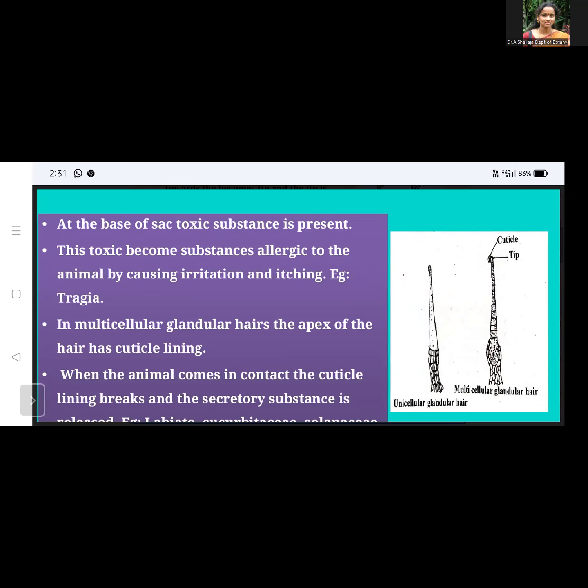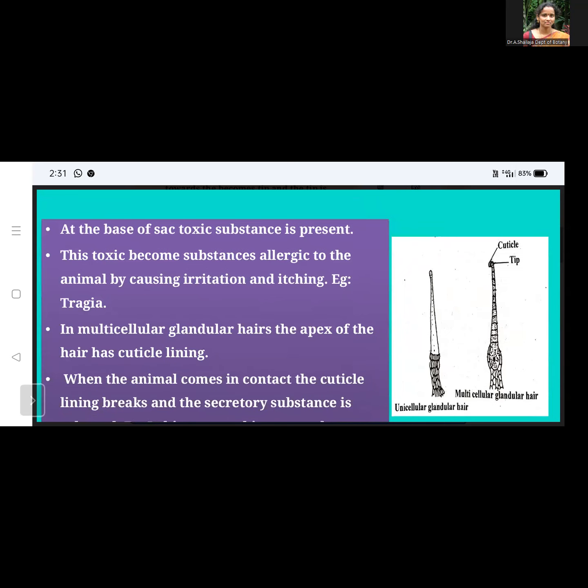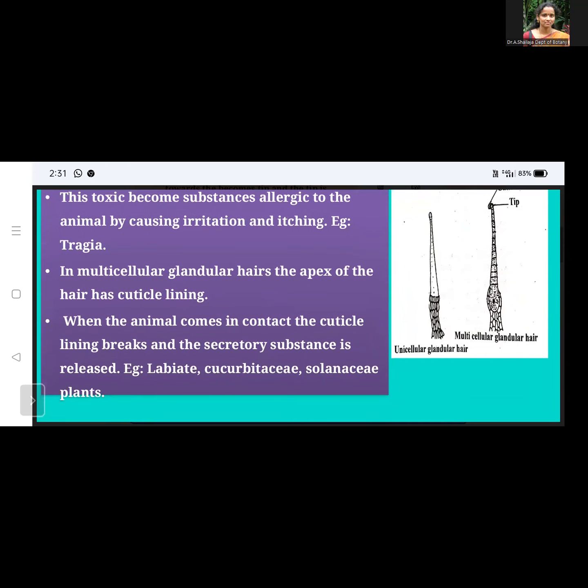When the animal comes in contact, the cuticle lining breaks and the secretory substance is released. Examples of multicellular glandular hairs are labiatae, cucurbitaceae and solanaceae plants.